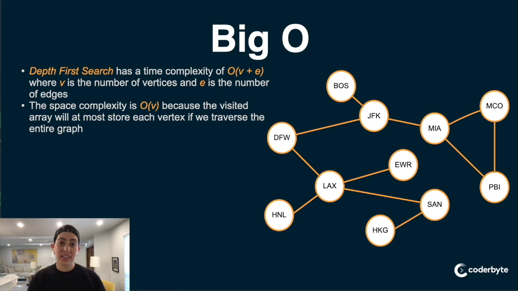And to visualize this, you can always bring up that call stack that we just saw in VS Code with that debugger. At most, that call stack is going to be the number of vertices in the graph itself. So that's how you can think about the space complexity of this algorithm.